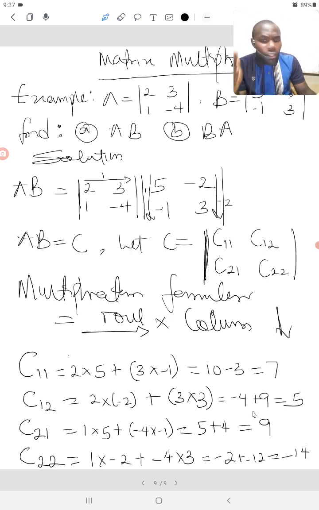If you follow these rules, it is very simple to get the matrix multiplication. Some people call it the most tedious aspect of it, but it's the easiest way, just by following the rule.